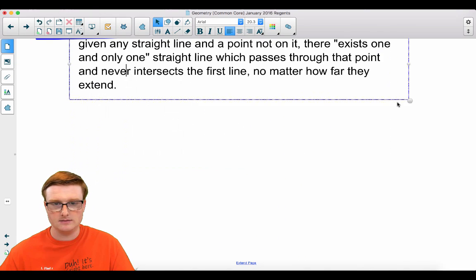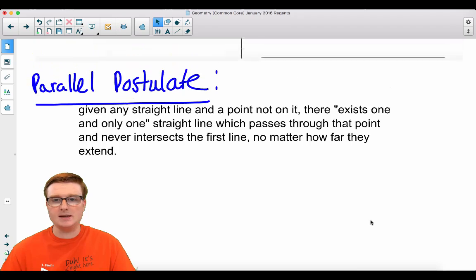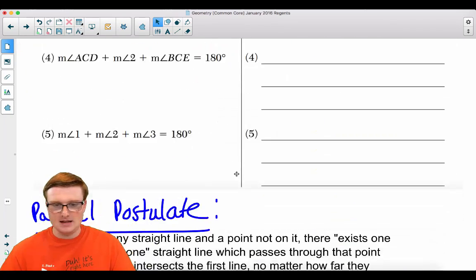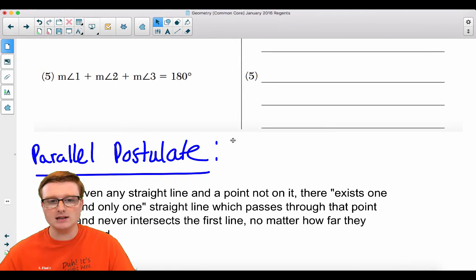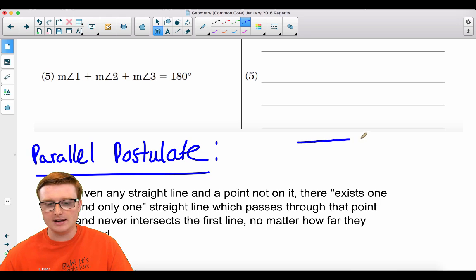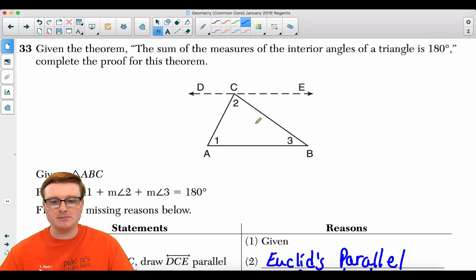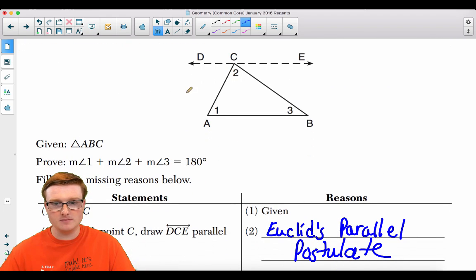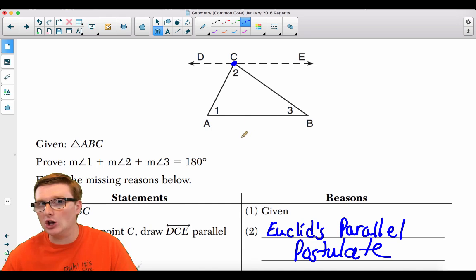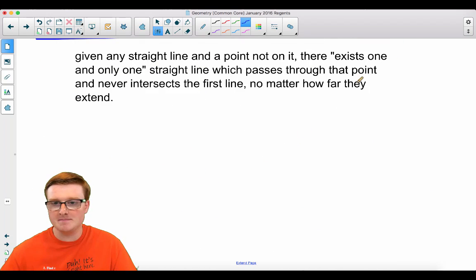Okay, so once again, let me read that again for you. It says here, given any straight line and a point not on it, as in when they say there's a point not on it, they're talking about C and then AB. So C is not on line AB. So that's what they're talking about here.